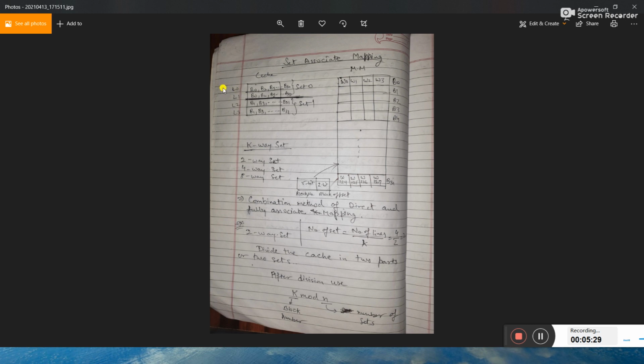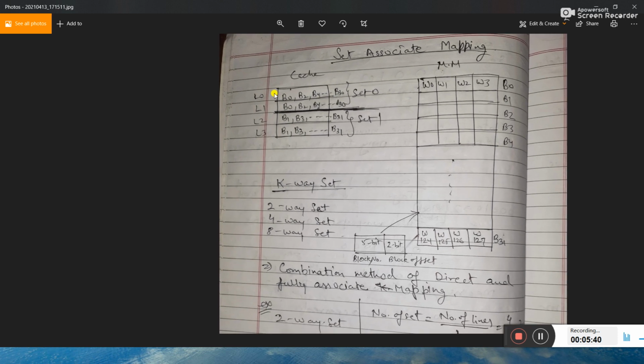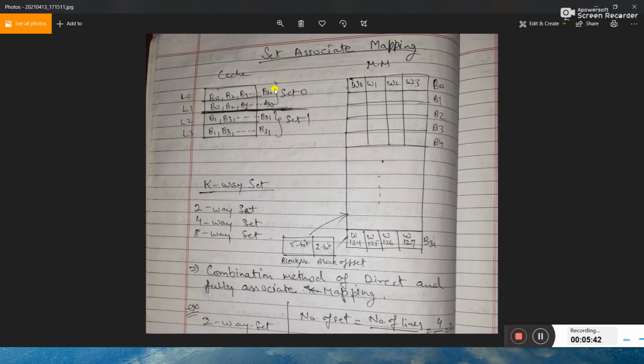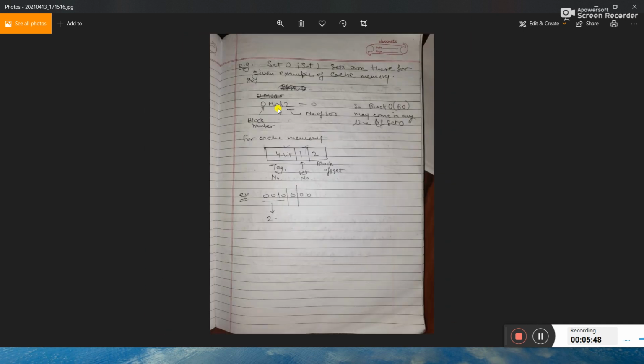If I provide 0010 as the tag number, it is because only 16 blocks are possible in a single line, so I need 4 bits for the tag number.